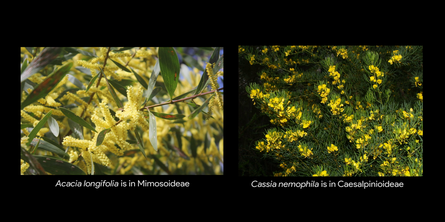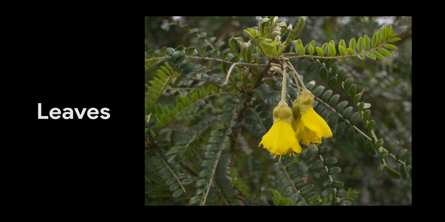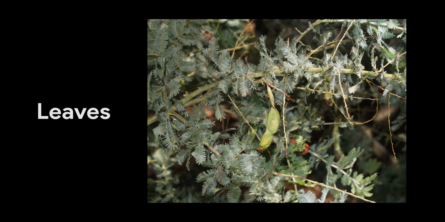The Fabaceae family is commonly known as the legume, pea or bean family. Leaves are variable but often compound, that is, divided into leaflets. They always have stipules at the leaf base, sometimes like a tiny leaf, sometimes a thorn, and sometimes they're so tiny they're hard to see.